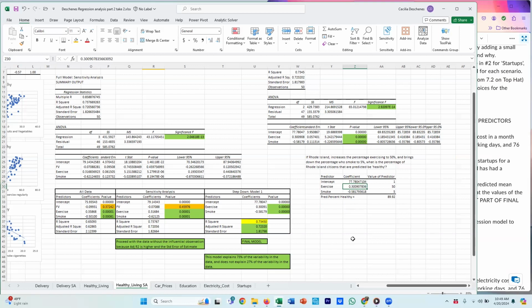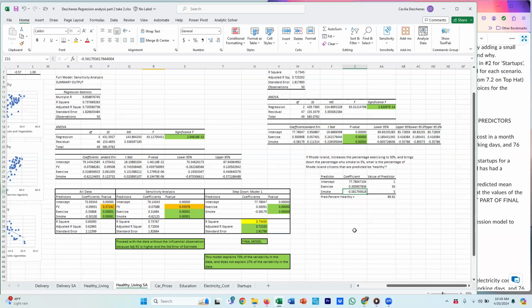So in our case, the rise is the response, which is healthy, over a 1 unit increase in exercise. In this case, it's a percent, or 1 unit increase in smoking. And again, in this case, the way the data was gathered, it's in percents. So all your interpretation really does go back to understanding what are your units in the data.